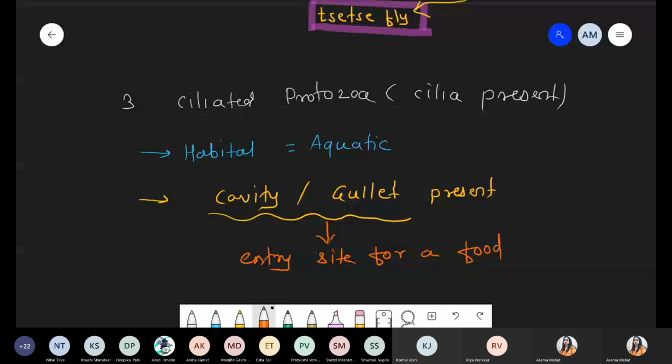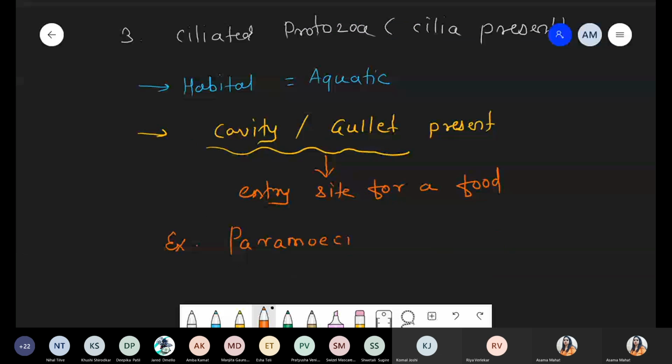A simple example is a ciliated protozoa, Paramecium. That's it. So remember the name with the example. If a question comes, like match column A to column B, then you will easily understand the point. The ciliated protozoa example is Paramecium.